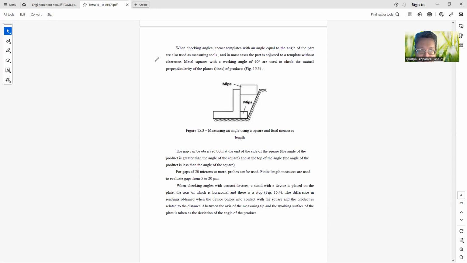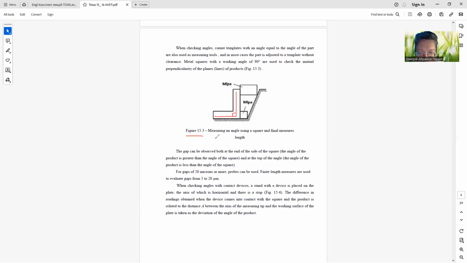Metal squares with a working angle of 90 degrees are used to check the mutual perpendicularity of the planes of products, like in figure 15.3, with angle 90 degrees. It's a metal square.